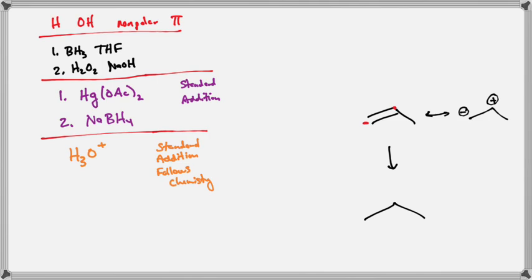The other part is I'm adding H and OH. What's the standard chemistry of H? I'll put the H there. And what's the standard chemistry of an OH? Negative. So I'm going to put the OH there. That's standard chemistry in my mind.